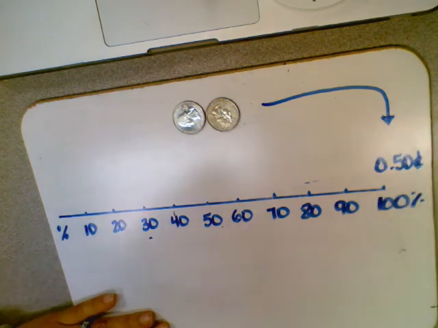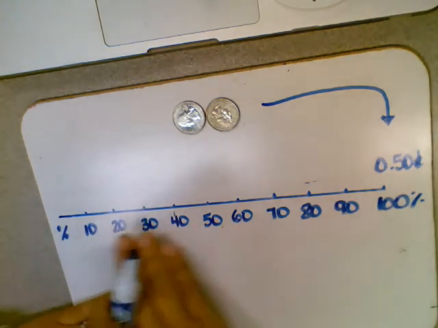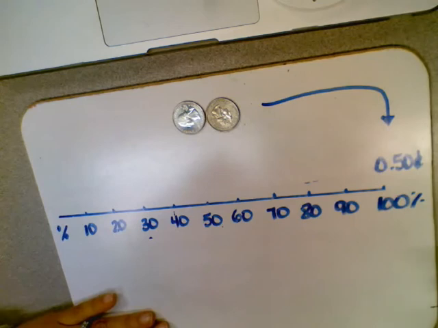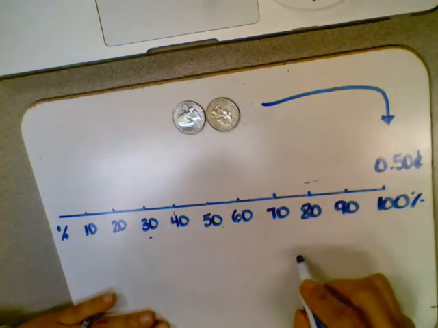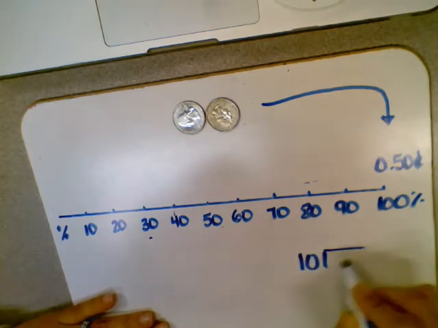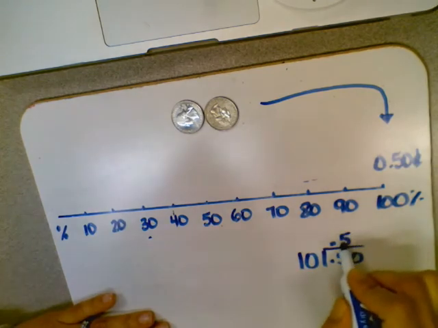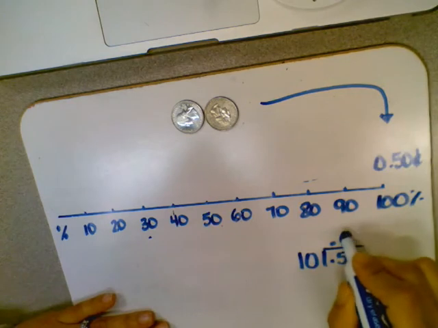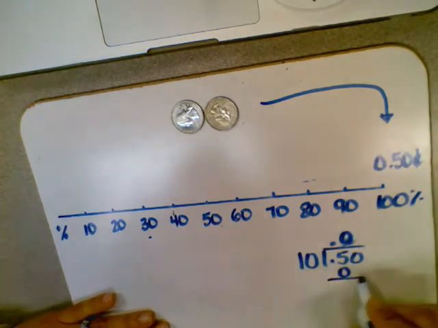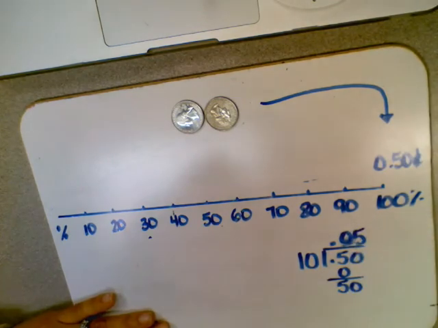Now remember, our job is to figure out what each of these little tick marks stands for in order for us to answer any questions that might arise. We have 10 tick marks. We divide 10 into 50 cents. Bring the decimal straight up. 10 goes into 5, 0. Bring down that 5. 10 goes into 50, 5 times.